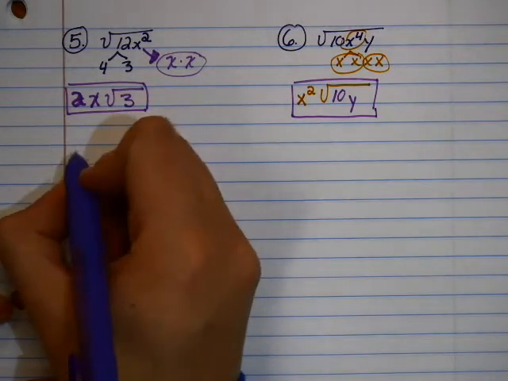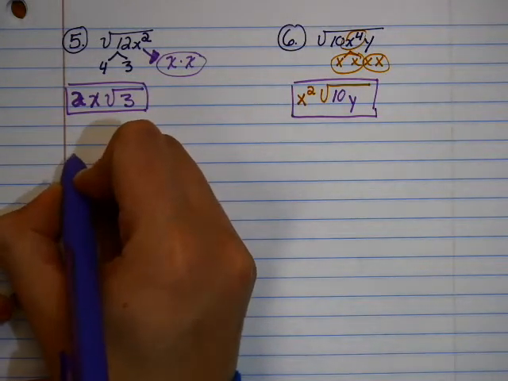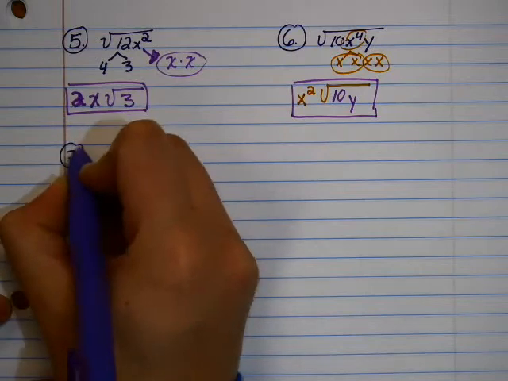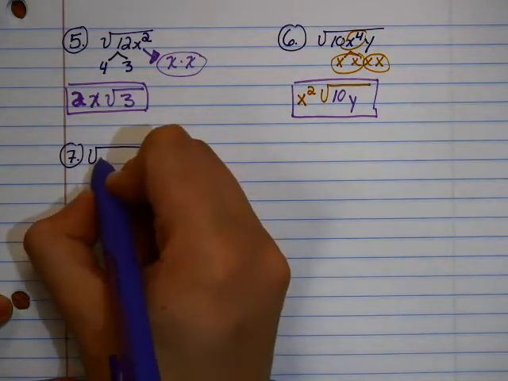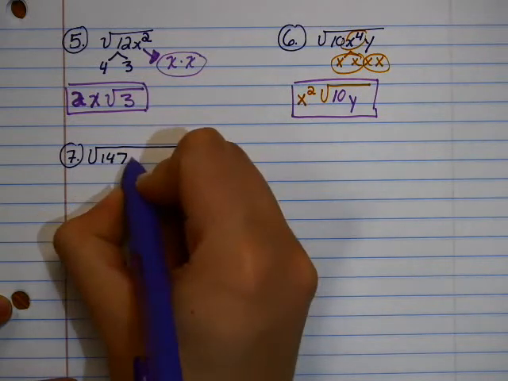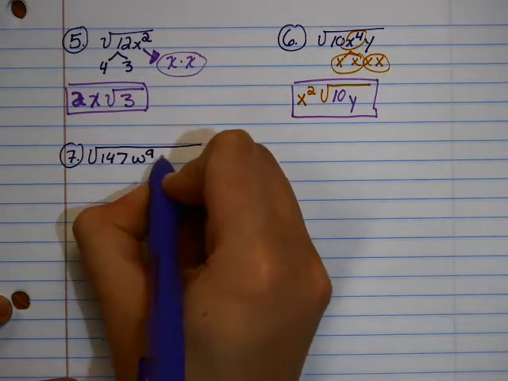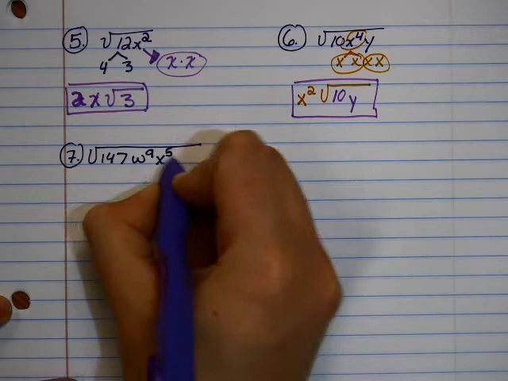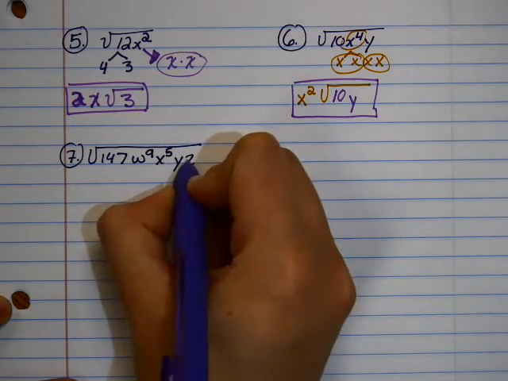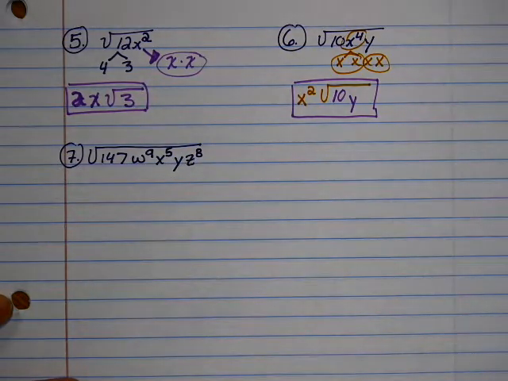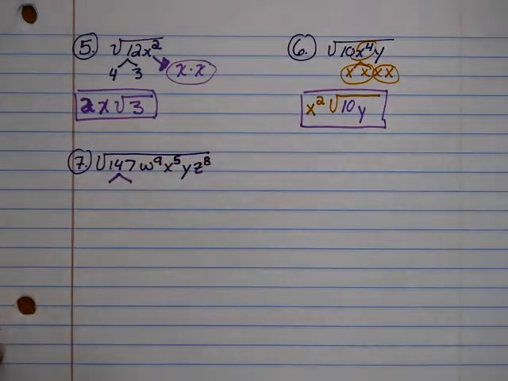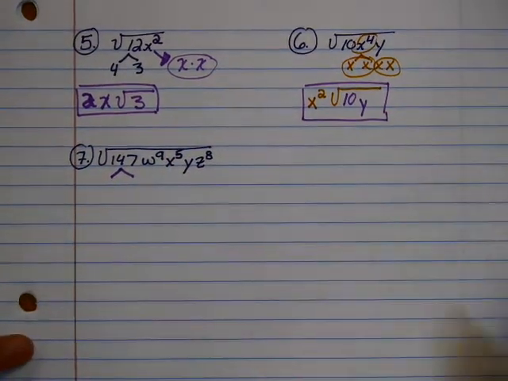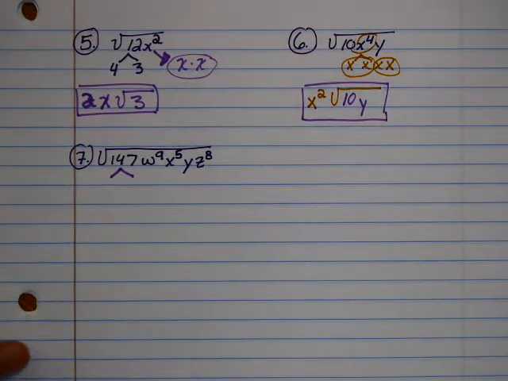Let's try one more. So let's say we have the square root of 147, w to the 9th, x to the 5th, y times z to the 8th. Alright, let's tackle this guy. Alright, so 147, I'm trying to think of the perfect square that goes into 147.